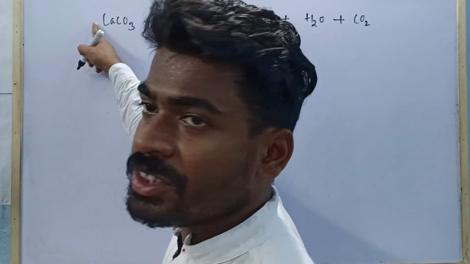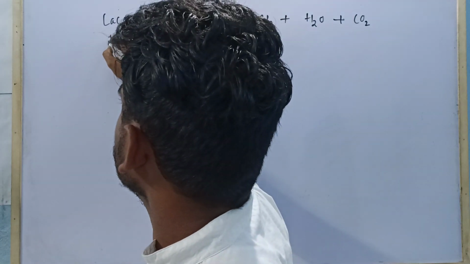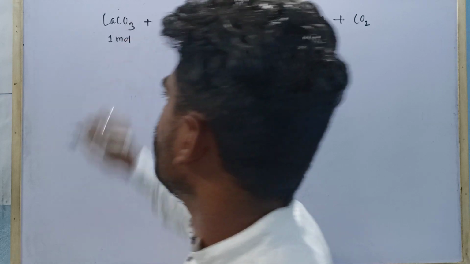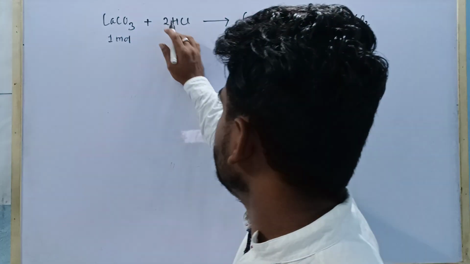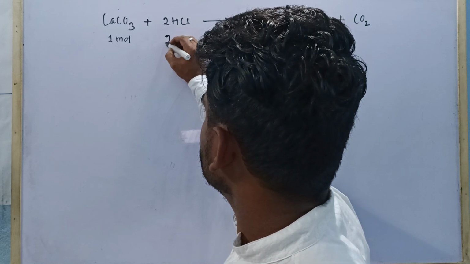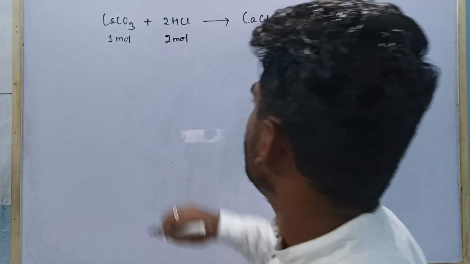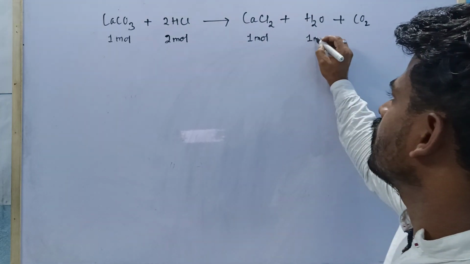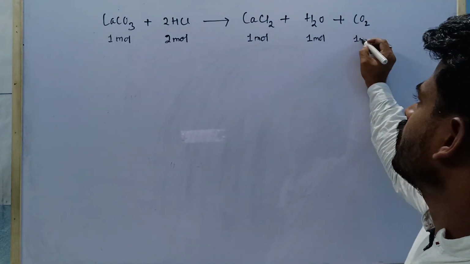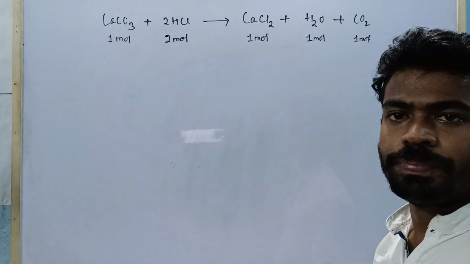Here you see the stoichiometric coefficient is 1, so I can write over here 1 mole. Is that clear? Very simple. Again here that is 2. The stoichiometric coefficient is 2, that can be written as 2 mole. Here 1 mole, 1 mole, 1 mole. Very easy.